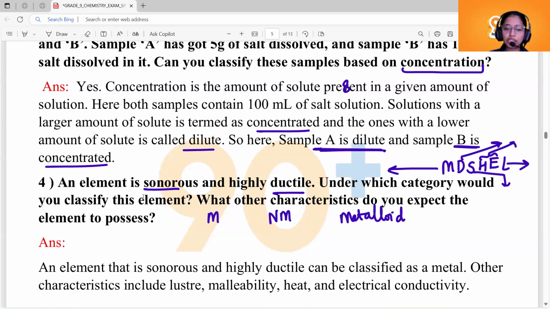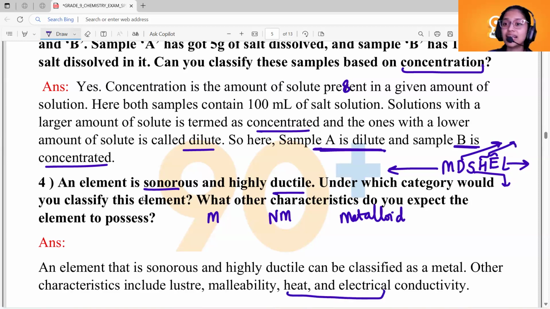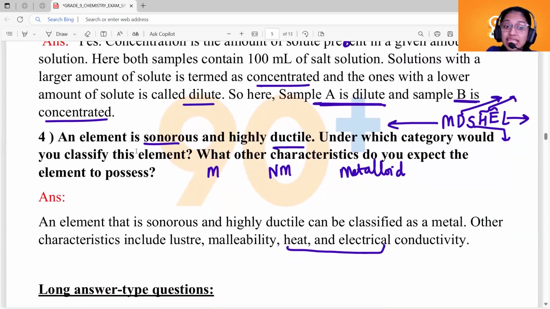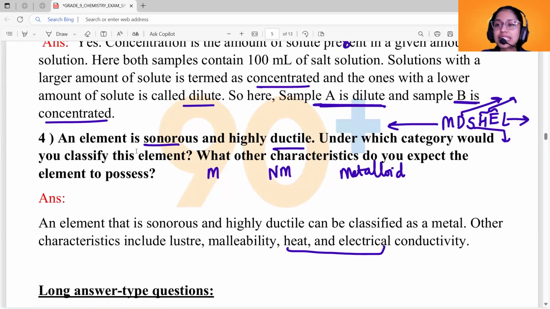Other characteristics include luster, malleability, heat, and electrical conductivity. Okay? So this answer, the category is metal and the other characteristics are malleability, conduction of heat and electricity and luster. Is it clear?